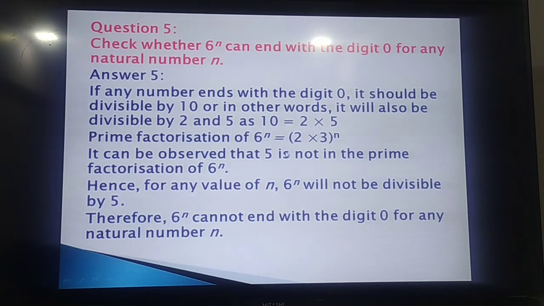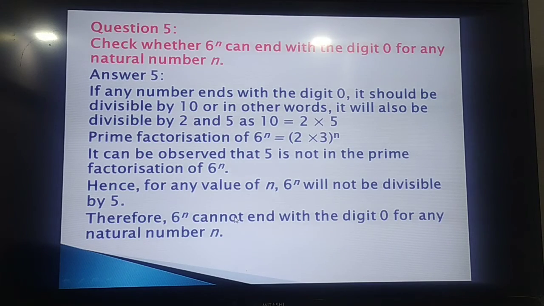But let us see this: 6 raised to power n. 6 can be factorized as 2 into 3, and its power n. So in this case, 6 has 2 and 3 as factors. It means that it does not contain 5 in the factorization of 6. Therefore, it cannot end with 0.